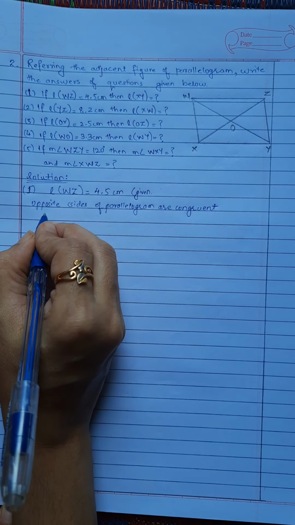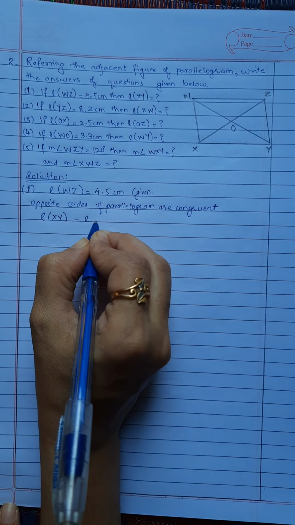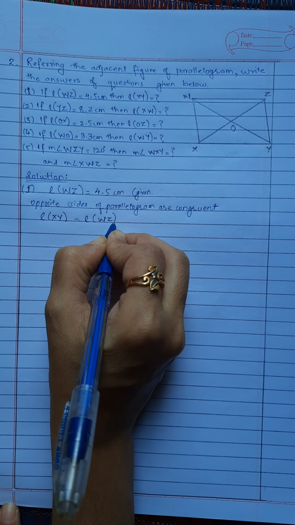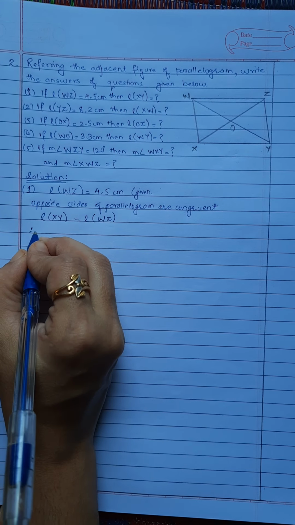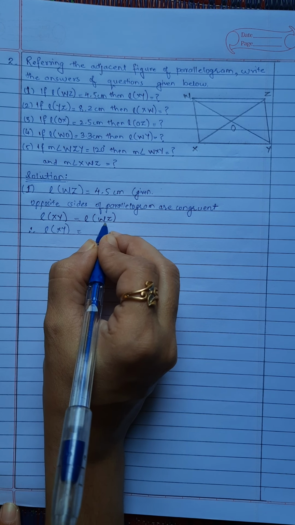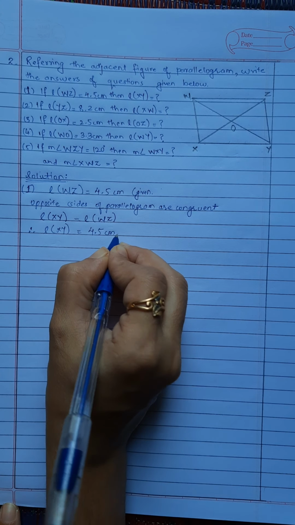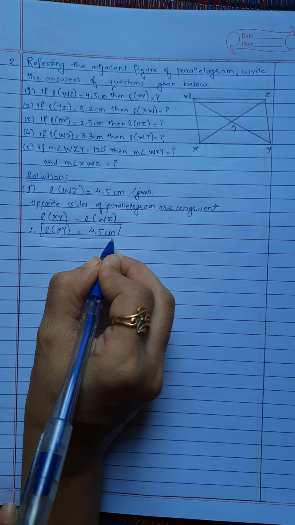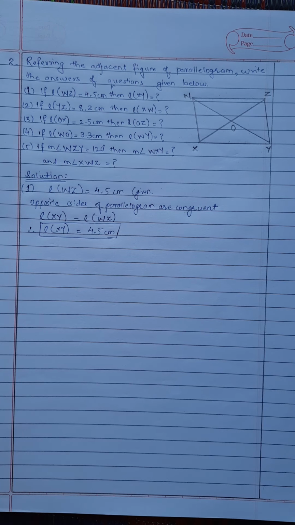Therefore, the length of XY will be equal to the length of WZ. WZ is 4.5 centimeters. So the length of XY is 4.5 centimeters. This is the answer for the first question.